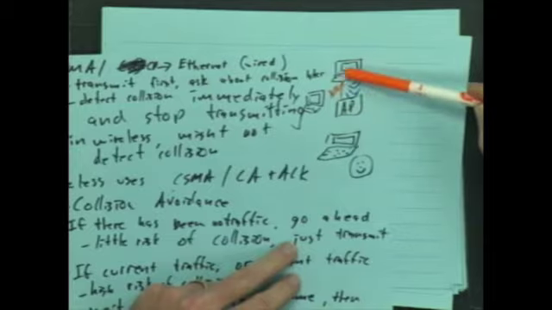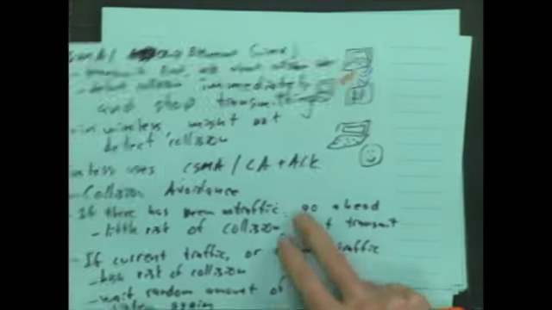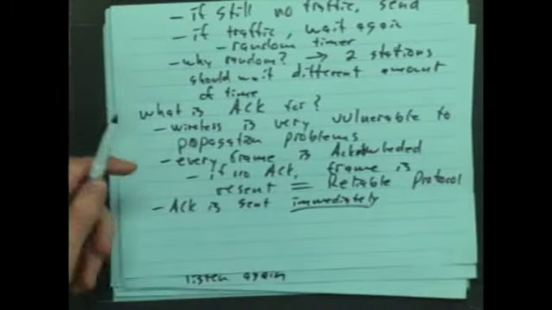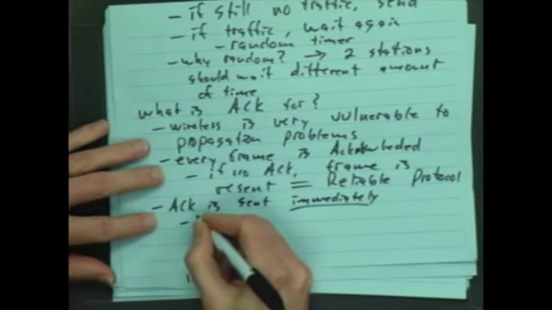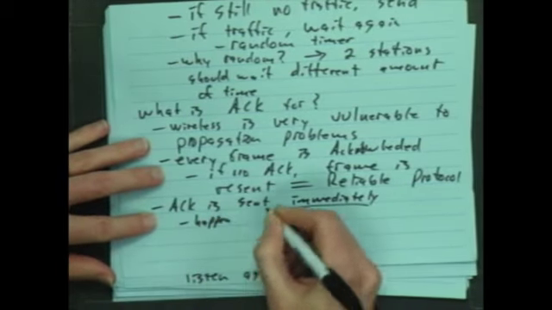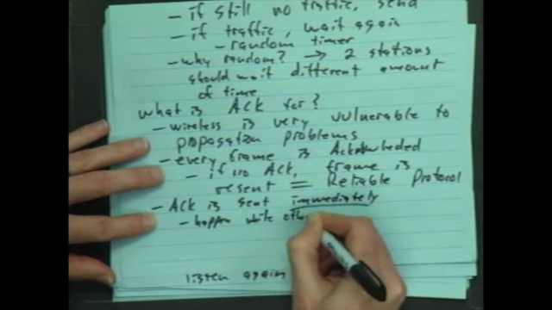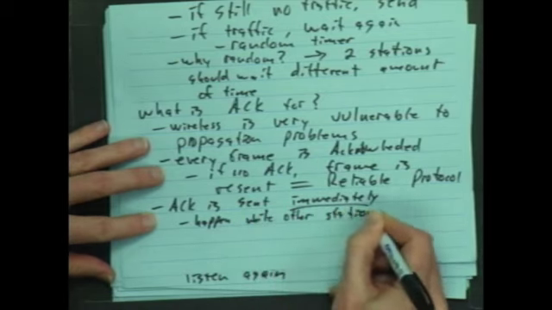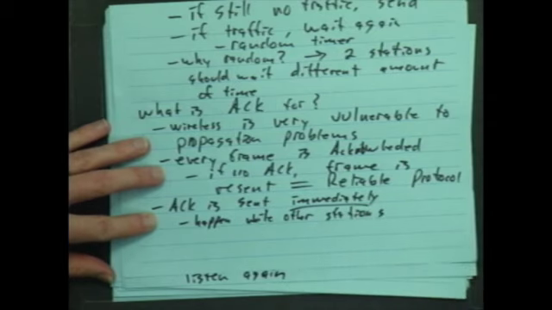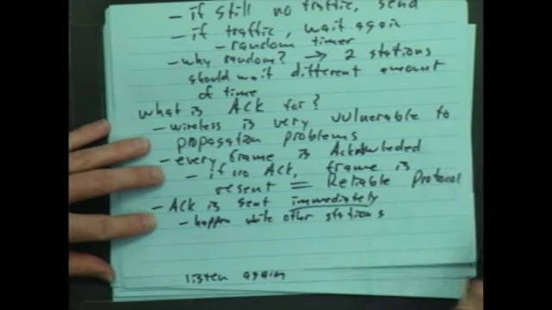Okay? Because every frame is going to be acknowledged. And this is an important frame. So the ACK is sent immediately. This will happen while the other stations, what are we going to call that? They count down their timers? Wait.